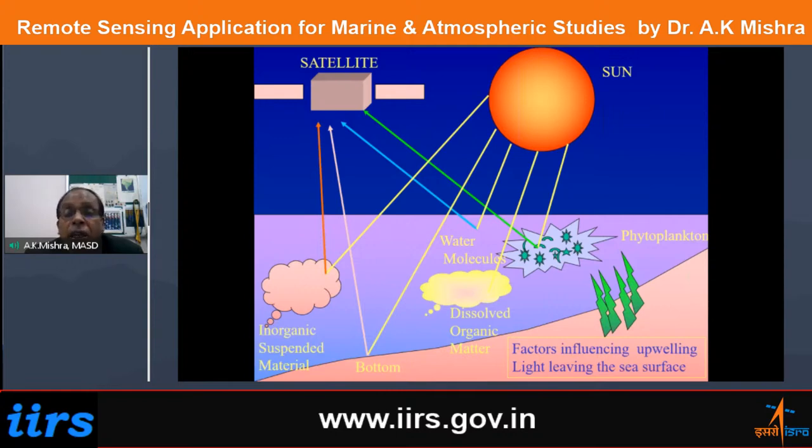Apart from the phytoplankton, you have bottom reflectance, inorganic suspended sediment reflectance, and bottom flora, and all these reflectances are reaching the satellite sensor. To segregate each one of them is very difficult and an active area of research.